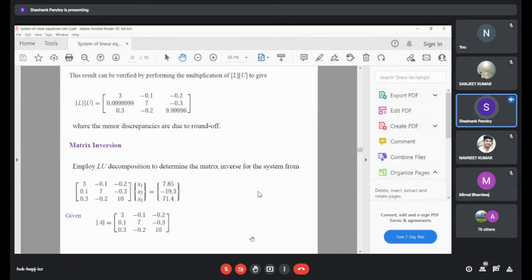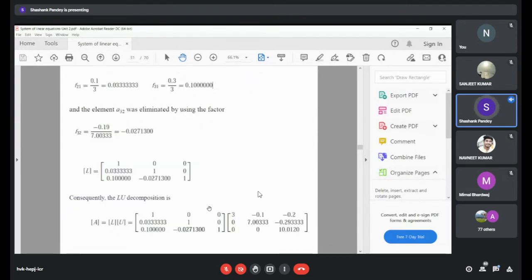So I'll show you the procedure of how we use this LU decomposition technique to calculate the inverse of a matrix. We have all seen that this matrix A can be decomposed into an upper triangular matrix and a lower triangular matrix.